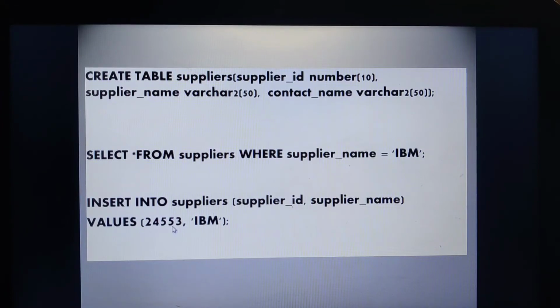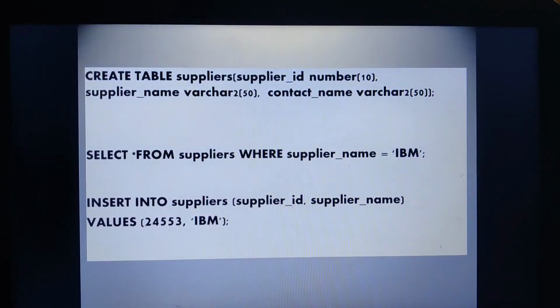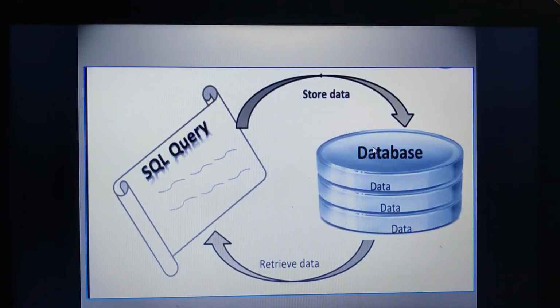What values are you inserting? That is 24553 will be stored in the supplier ID and IBM will be stored as the supplier name. So these are just examples of how exactly SQL is used in order to fetch, to store, or to manipulate the data in the database.